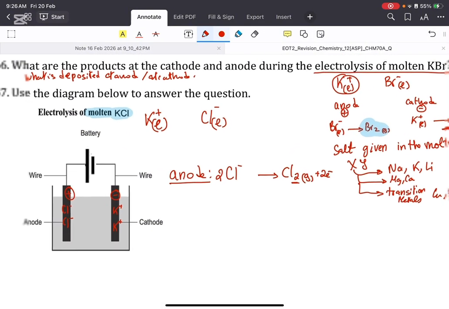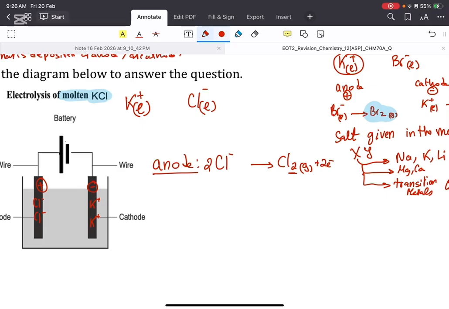So as an answer, that's the half equation at the anode. At the cathode, I have potassium ion reducing into potassium metal in the liquid state. Don't forget the physical states here.